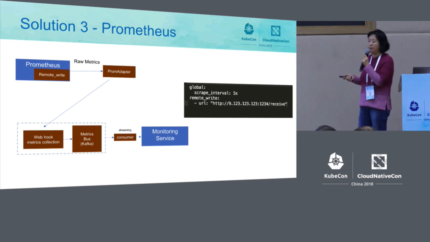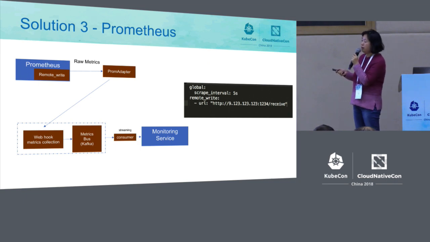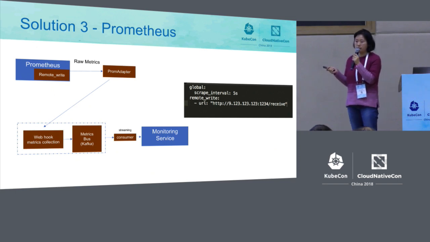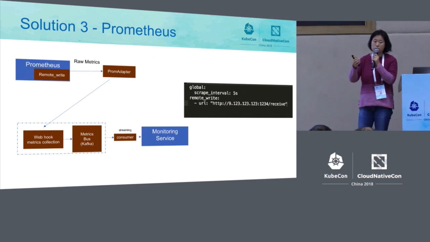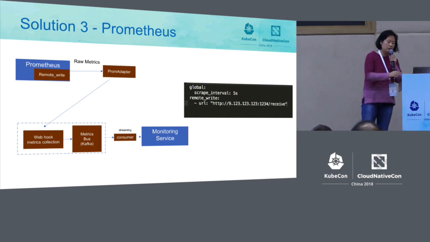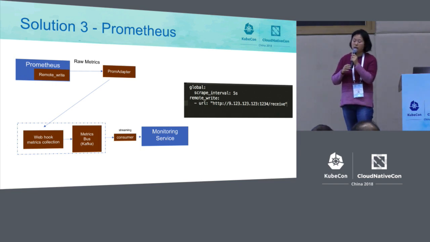Within the community, Prometheus 1.9 supports remote write. For remote write, the performance is pretty good.